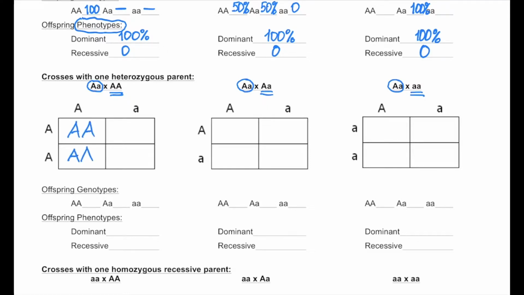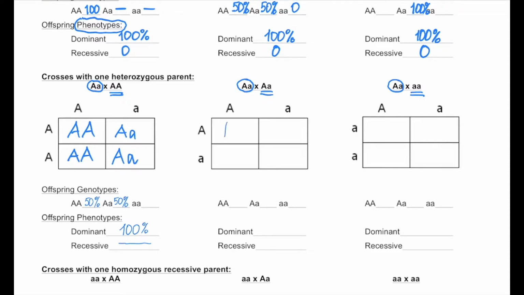Both homozygous dominant and heterozygous here. As far as genotypes go, you will have 50-50. You will have 50% homozygous dominant and 50% heterozygous. Again, since at least one of your alleles is dominant, it's going to be 100% dominant phenotype. All your flowers are going to be purple, 0 flowers are going to be white.